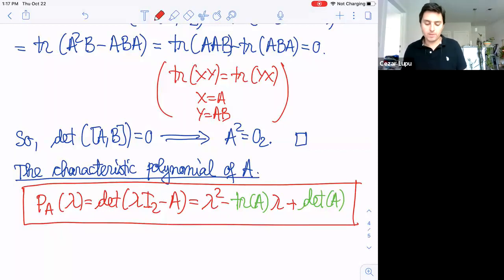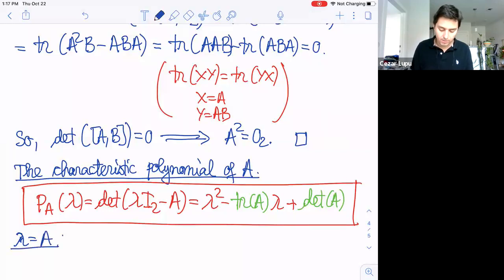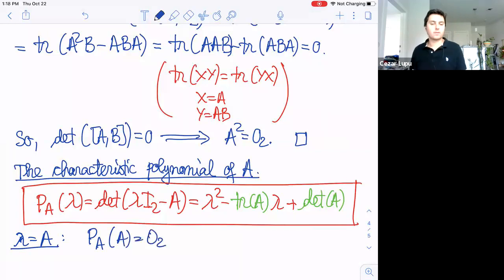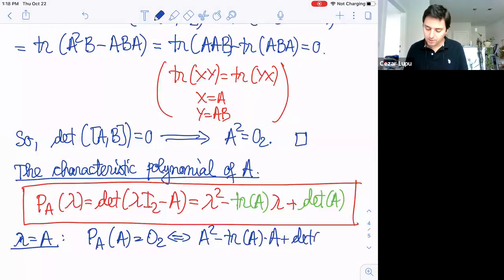And also Cayley-Hamilton can be written as, for lambda equals matrix A, we obtain that P_A of A is the null matrix. So it's nothing else than just Cayley-Hamilton. So A squared minus trace of A times A plus the determinant of A times the identity is the null matrix.